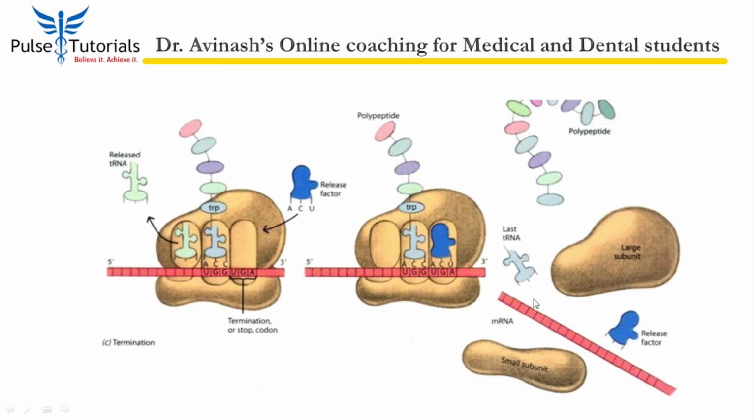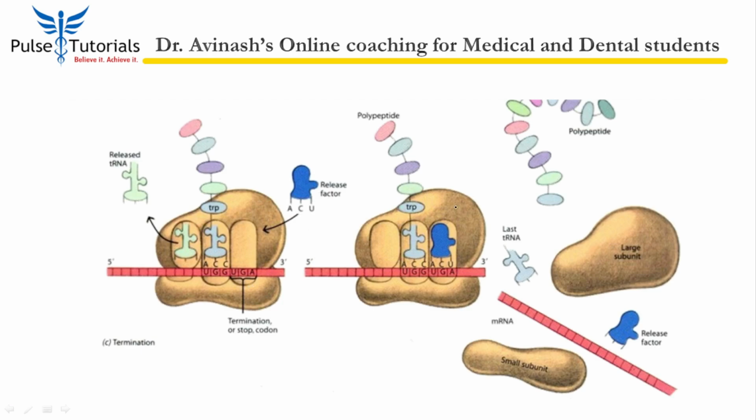Now this process continues and continues till the time the last codon is read. The last codon is usually a termination codon or a stop codon. The moment the stop codon is read, a tRNA does not come in. Instead, a factor called the release factor comes in.